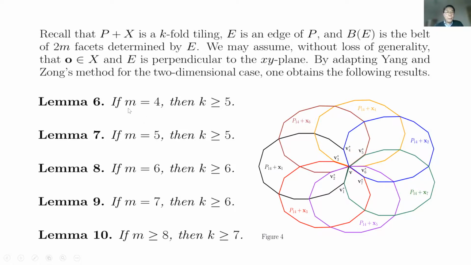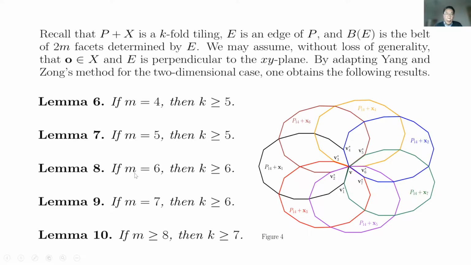This means if M equals 4, where M, as I explained, is half of the number of facets in a tile, then the multiplicity must be larger than or equal to 5.